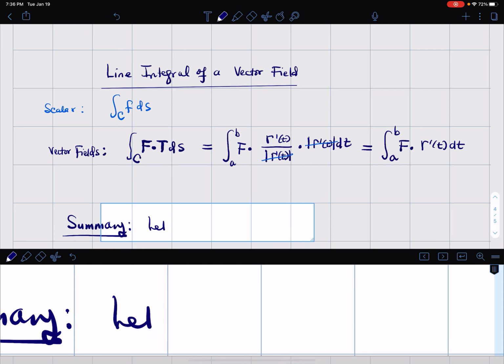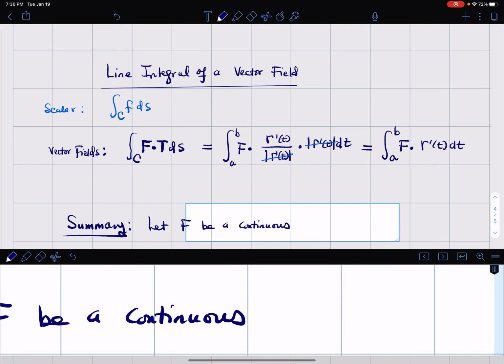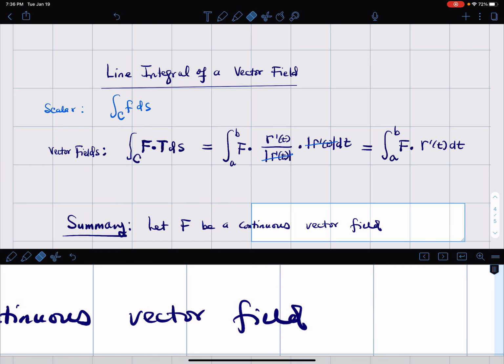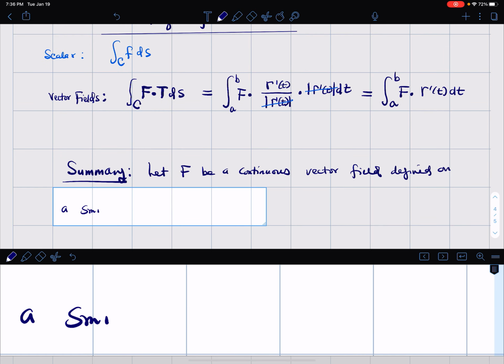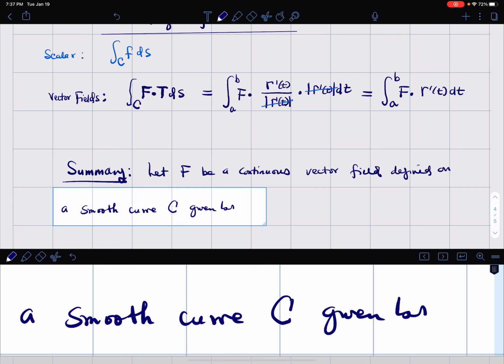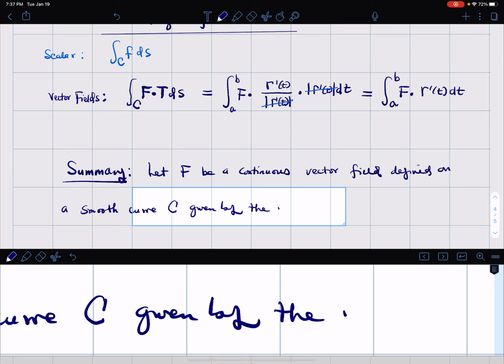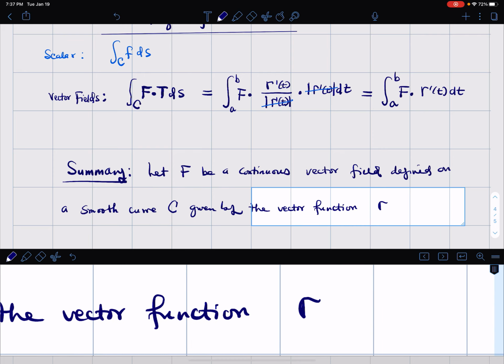If we let f be a continuous vector field, it has to be continuous, and it has to be defined on a smooth curve C given by the vector function r of t, where t goes from A to B.